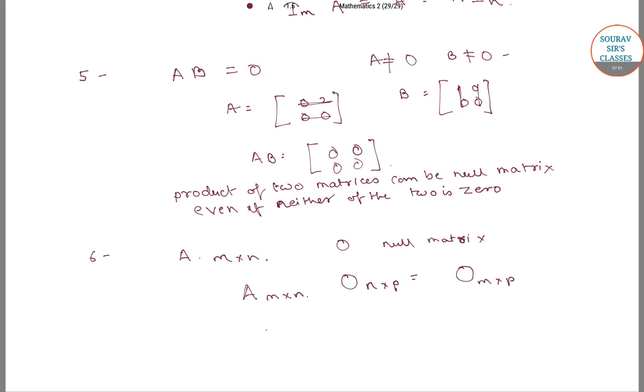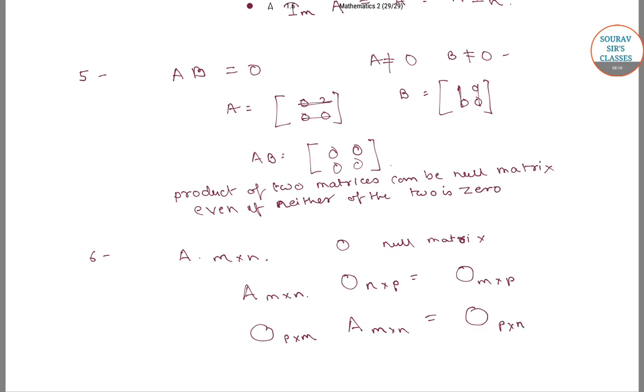Similarly, O of order p by m into A of order m by n is equal to a null matrix of order p by n.